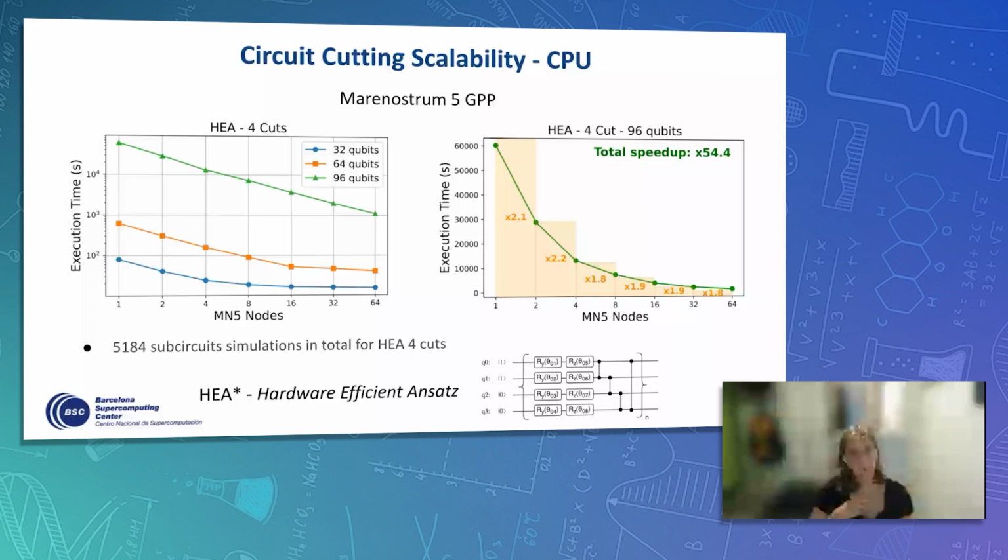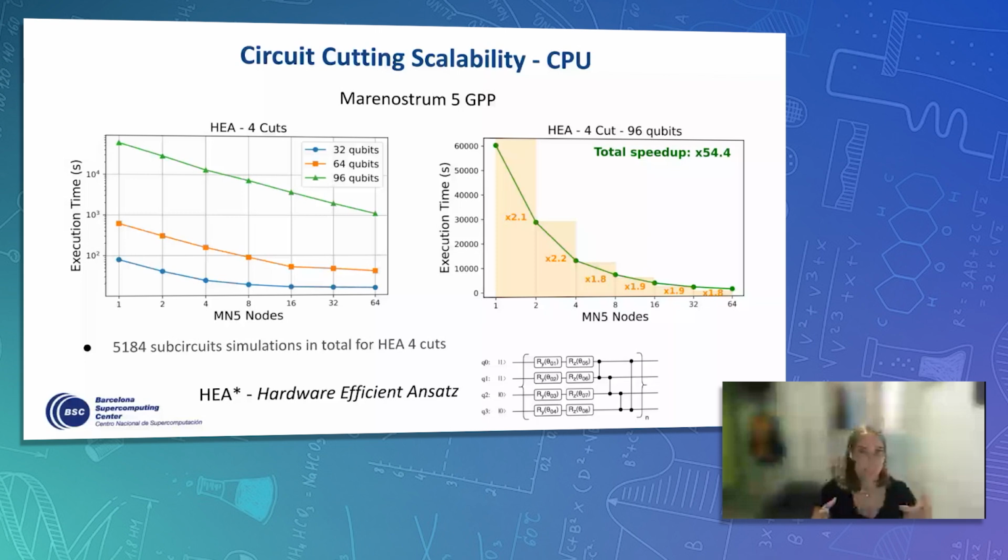But the important thing is that in each of these cases, we are applying 4 cuts, which means that the circuits are split into subcircuits of, in the case of 32 qubits, 8 qubits each. For 64, 16 qubits each. And for 96, it will be 28 qubits each.